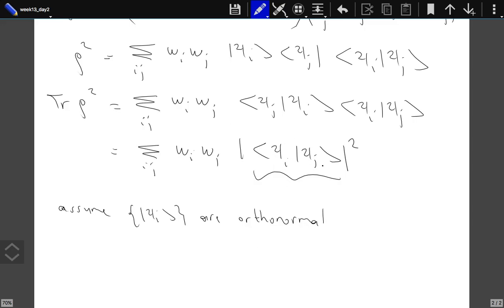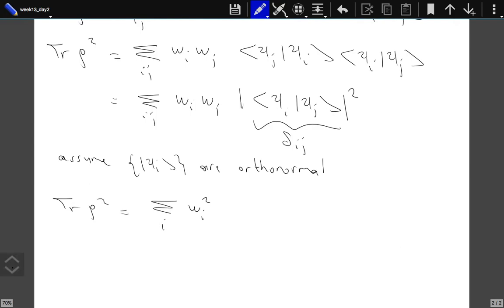Well, if they are orthonormal, then this inner product of psi I and psi j is nothing but Kronecker delta ij. Its square is also Kronecker delta ij. So Kronecker delta ij is either 0 or 1. The square of 0 or 1 is itself. So the trace of rho squared is equal to sum over I of omega I squared.